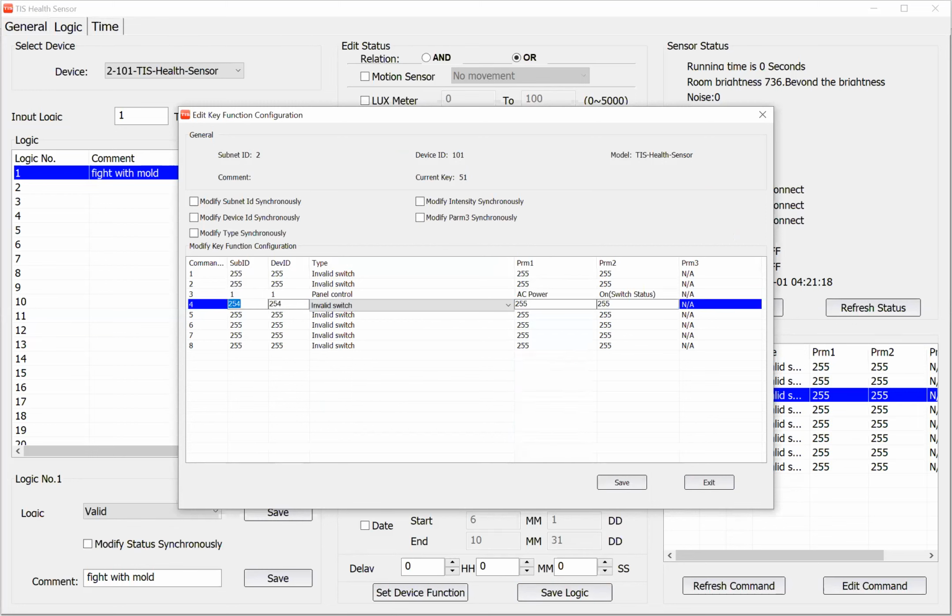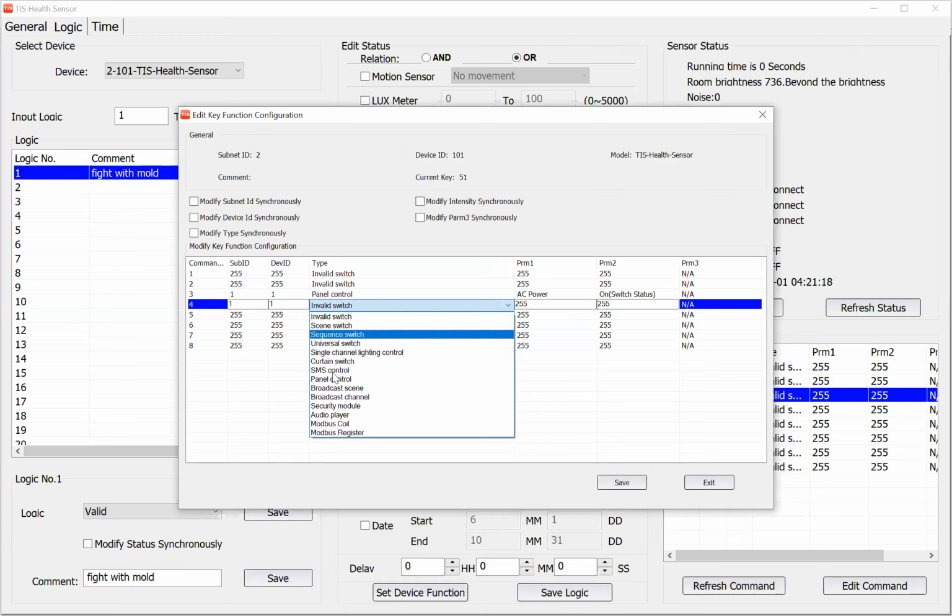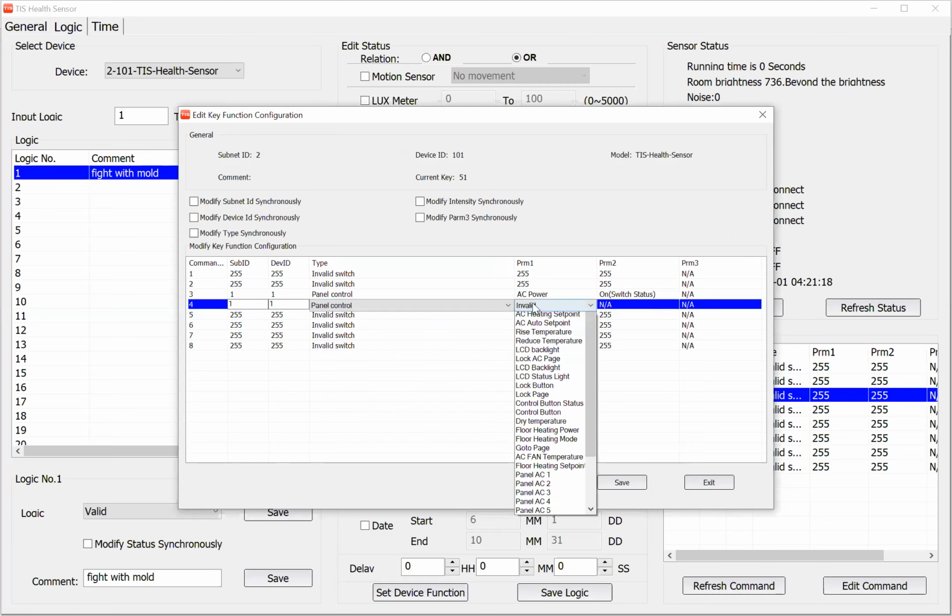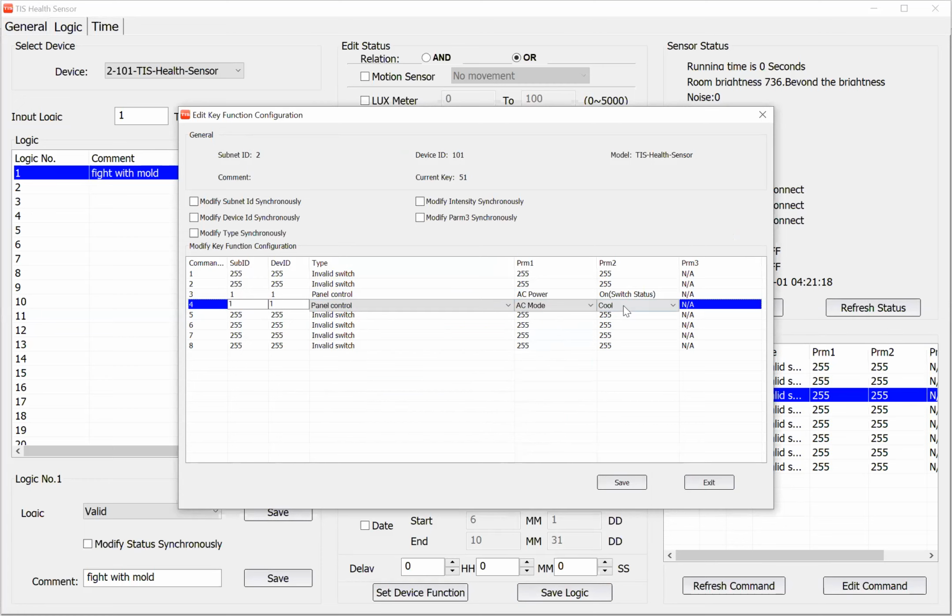Of course, I'm turning on the air conditioner in dry mode or in cool mode. It depends on your country and your situation. That's it.